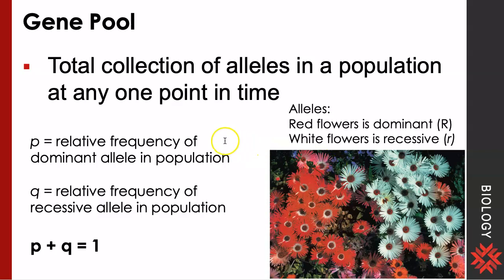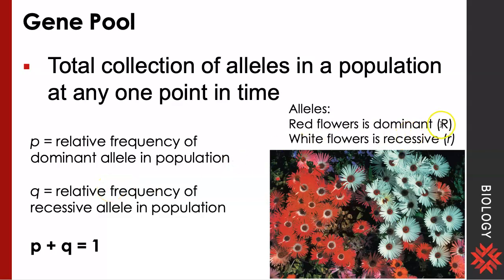So in the gene pool, P is going to represent the frequency of the dominant allele in the population. Q is going to represent the frequency of the recessive allele in the population. So how many big R's and then how many little r's are there in the population?